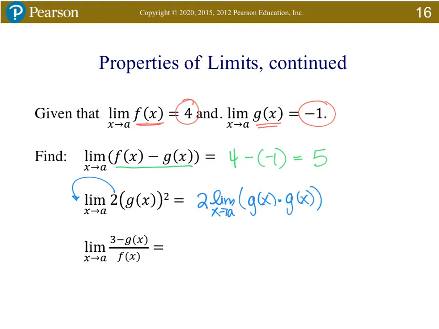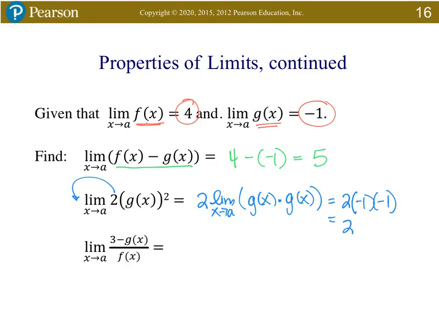Pulling the constant out front is legal, and multiplication is legal. Since those two things are both legal, I can say 2 times -1 times -1, and so the answer is 2.